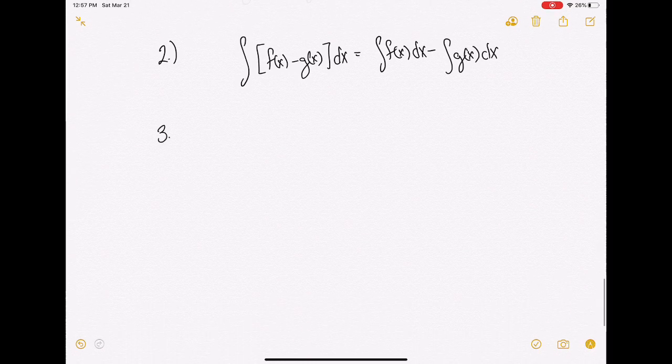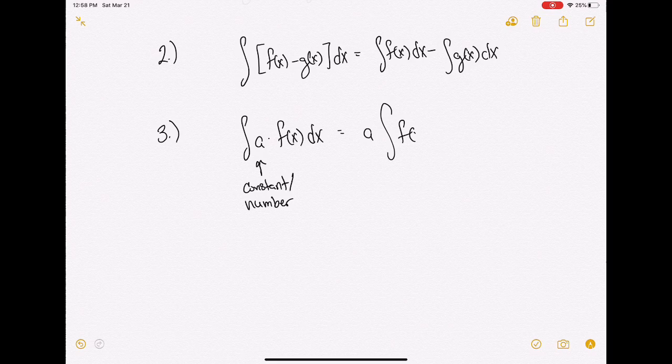And finally, just like with derivatives, if I have a constant multiplier, we can think about that as a constant or as a number, then that can pull outside of the integral.